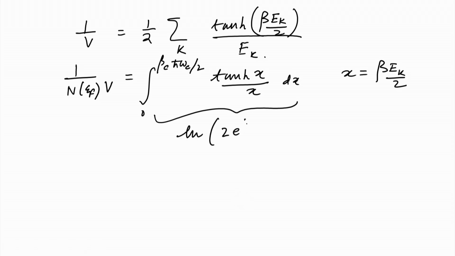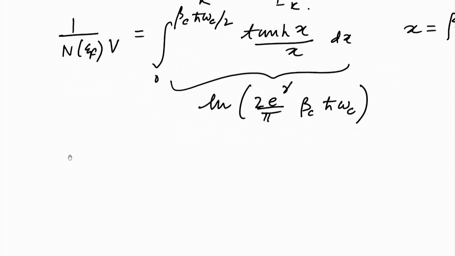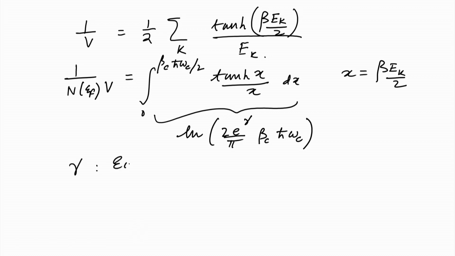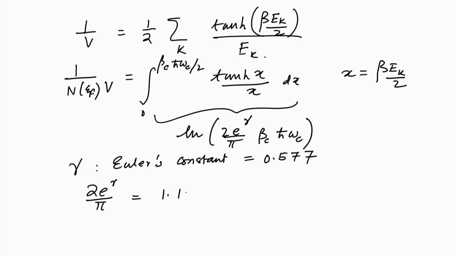This integral has a standard value, which is given by log of 2 e to the power gamma by pi beta c h cross omega c, where beta c is equal to 1 over k T c and gamma is the Euler constant, which has a value 0.577, and hence this 2 e to the power gamma by pi has a value 1.13 or 14, around 14, and if you simplify this, it comes out as k T c equal to 1.14 h cross omega c exponential minus 1 by n epsilon f v.